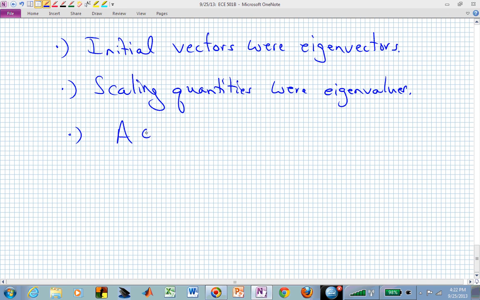Our A matrix was a real 2 by 2 matrix. With our notation, that's n equal to 2, and that says we could have as many as 2 eigenvalues, and we did.